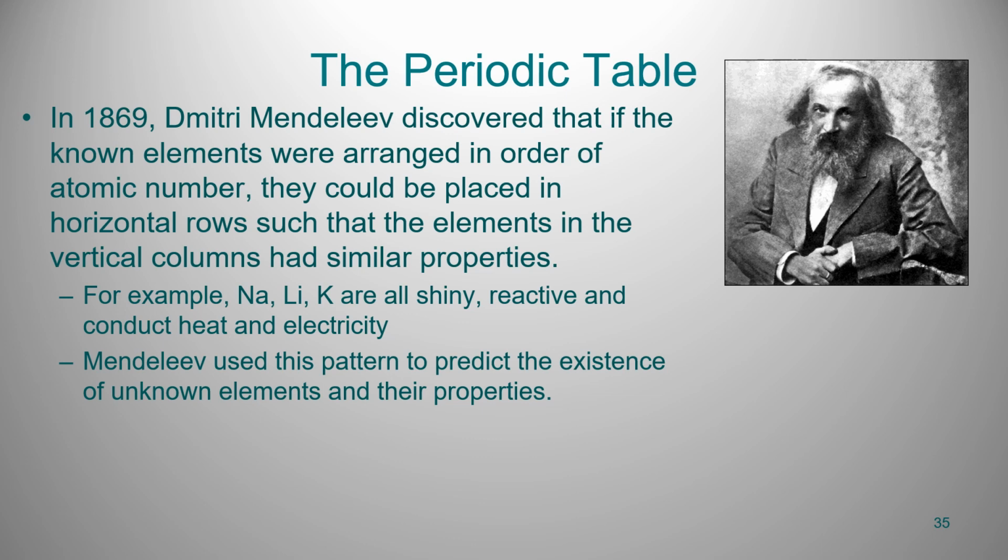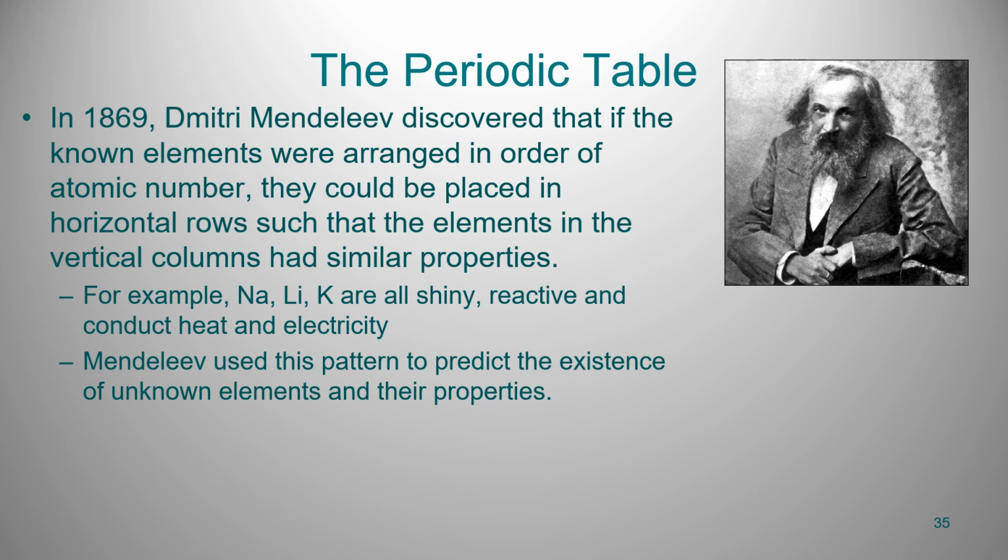All right, so let's move on and talk more about the periodic table. You probably want to remember the names of those scientists that we talked about earlier. Dmitry Mendeleev is actually the first scientist who created the periodic table.